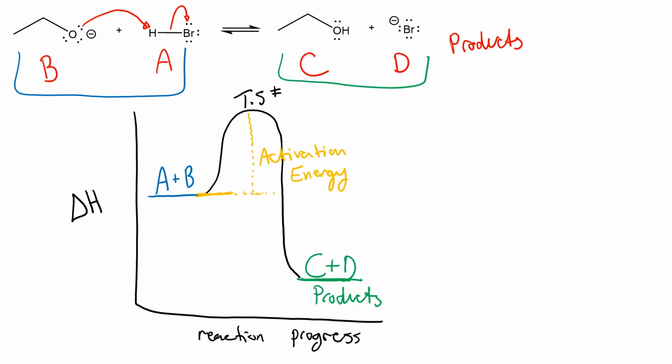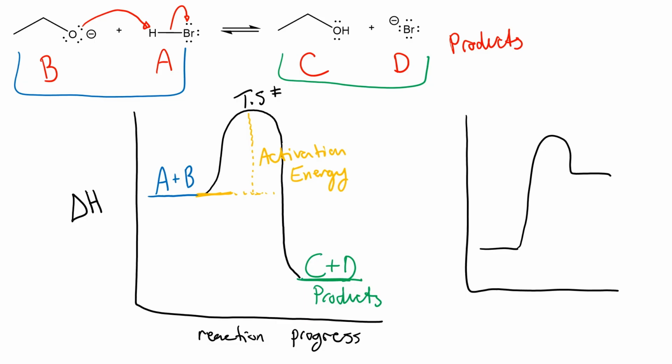So now how do we know whether to draw it like that, or maybe we would draw it like this? How do we know that A and B are lower or higher in energy than C and D?